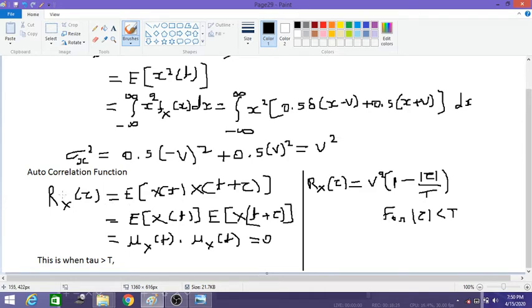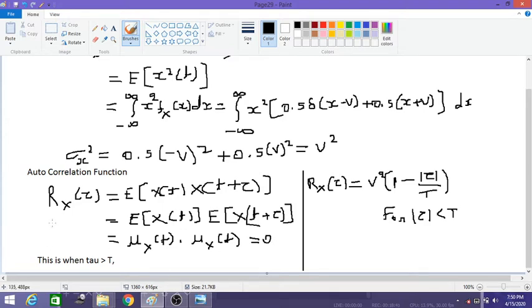If you look into the autocorrelation, from the definition it is the expectation of x of t into x of t plus tau. When we substitute and treat this individually, we will get mu x of t into mu x of t, so both are 0.